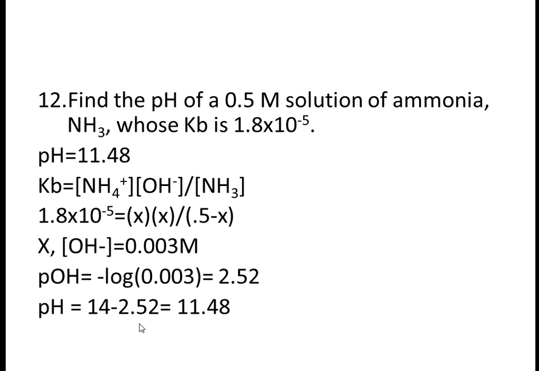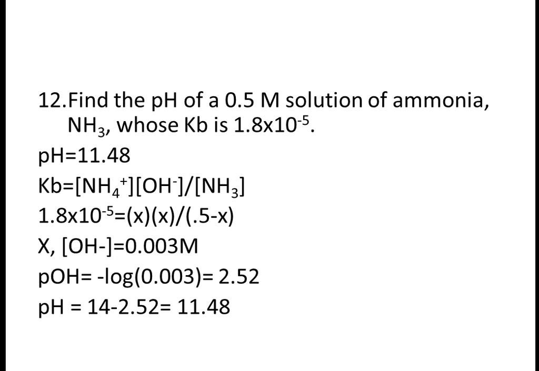Number 12, find the pH of a 0.5 molarity solution of ammonia, whose Kb is 1.8 times 10 to the negative 5. So for this, you first basically do the same thing, but you have Kb is equal to, and then you have your entire equation, so you have NH4 plus times OH minus all over NH3, and then you just plug in your knowns and unknowns and solve for x, which is the concentration of OH minus, and you get 0.003 molarity.